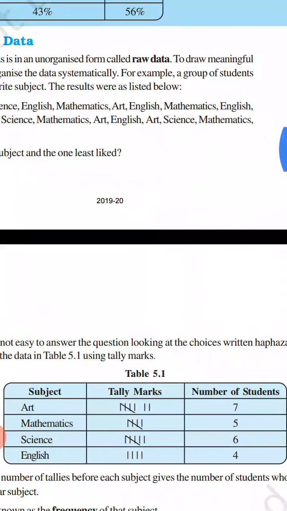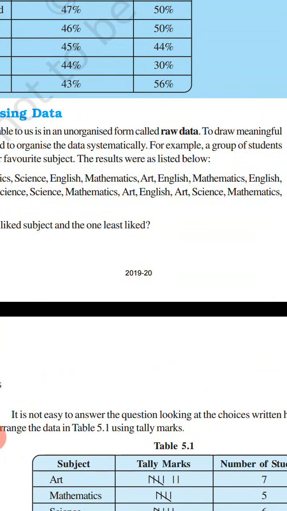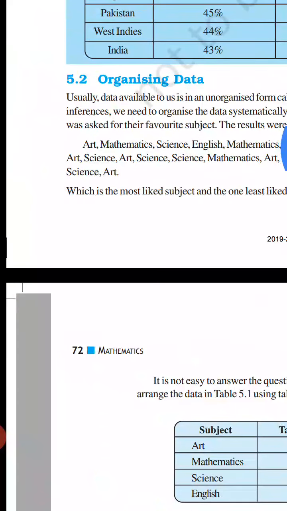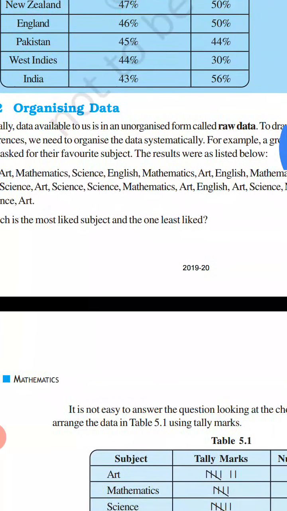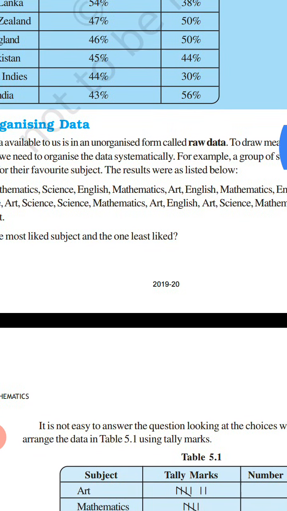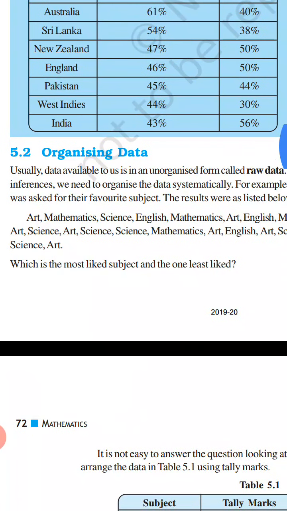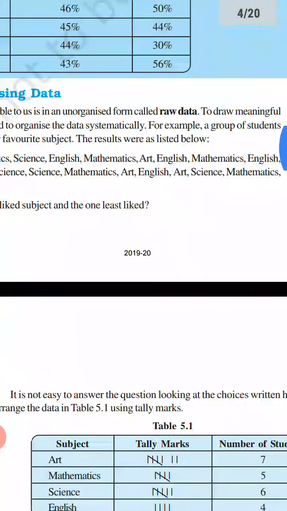Now, suppose this: mathematics, art, mathematics, science, English, mathematics, art, English, mathematics, English. This is the data of the most liked subject and the least liked one. Now here are the subjects given by some students.